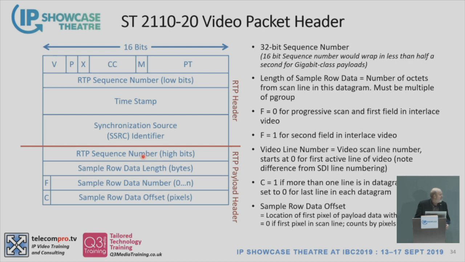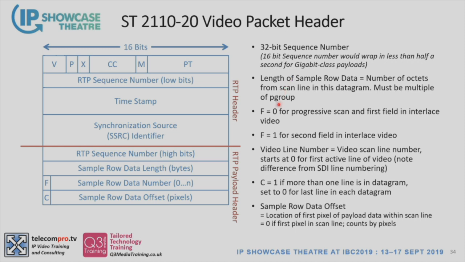The first thing that we have is a high-order RTP sequence number. That takes our 16-bit sequence number that's standard in RTP and adds another 16 bits on top of that to give us a total of 32 bits. We do that because without extending that number, we would wrap around our count every 64,000 packets, which in an uncompressed HD environment can happen in less than a second.